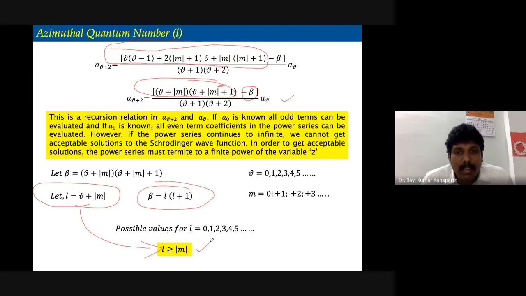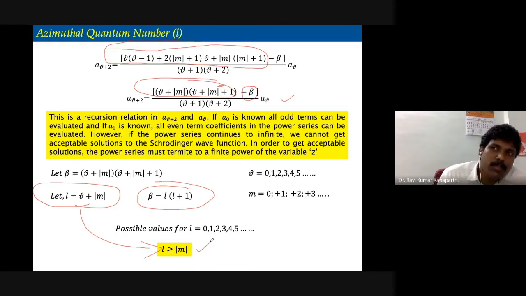You might have understood what L is: it is nothing but the azimuthal quantum number. What we are trying to do is find the solution for the Schrodinger wave equation of the hydrogen atom, and we have split the total problem into 3. In the first case also, we got some quantum number. In the second expression, when we try to solve, we are forced to impose a boundary condition.